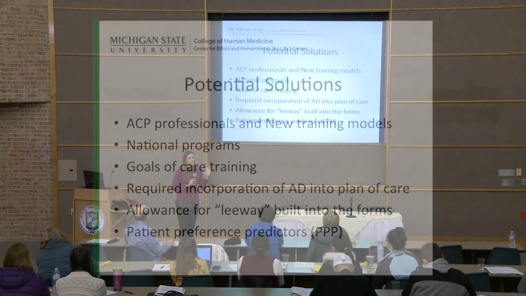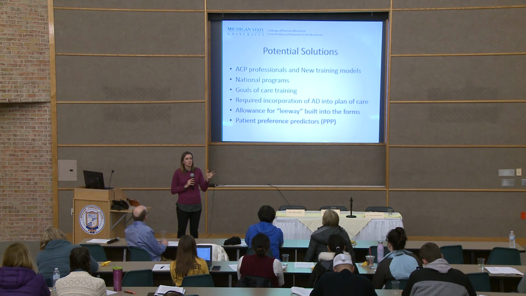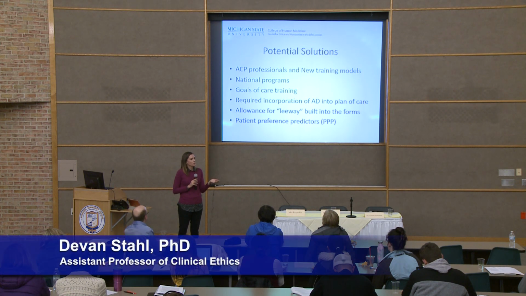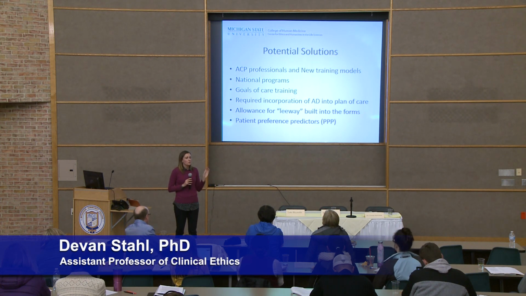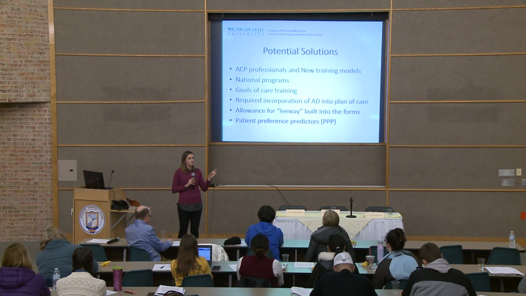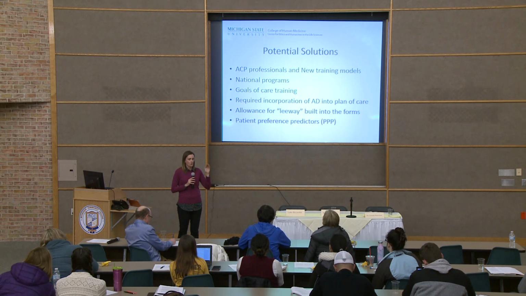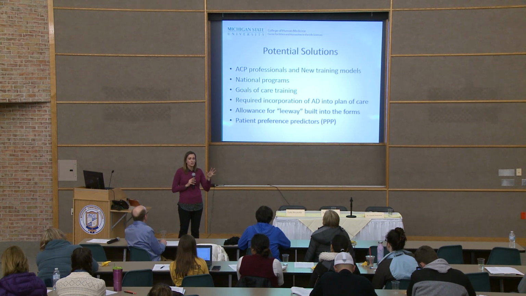I'm also working on a project where we're trying to do mass surveying of people to ask what kinds of treatments they would want, in the event that we have somebody who doesn't have an advance directive but is like other people. So we'd gather enough survey data to say, men like your father, who are Caucasian, 70 years old, moderately demented: we've done mass surveys, and it says that they don't want vents at the end of life.